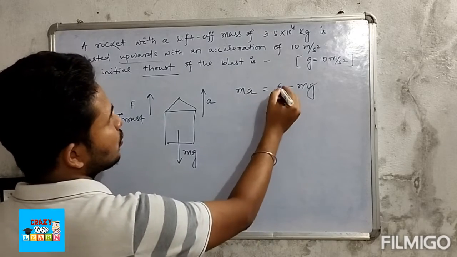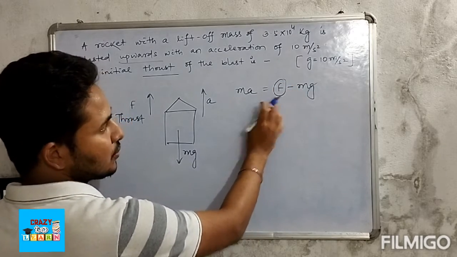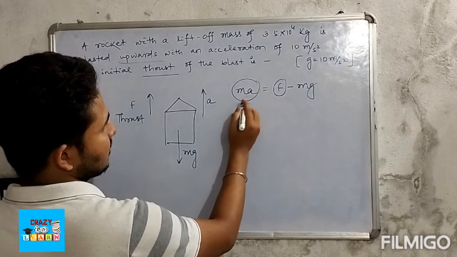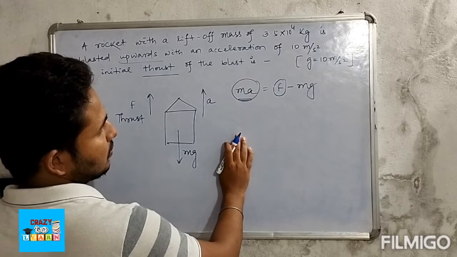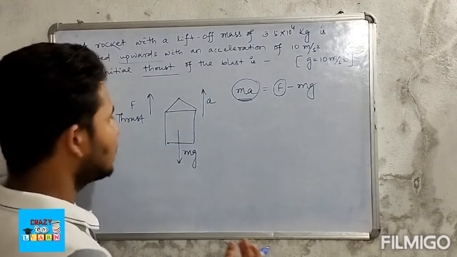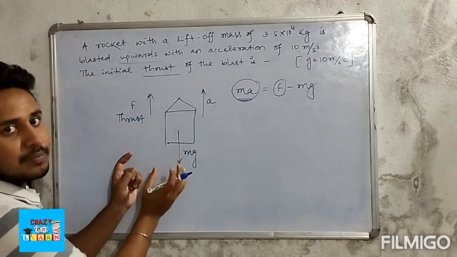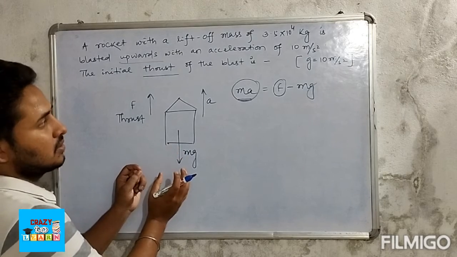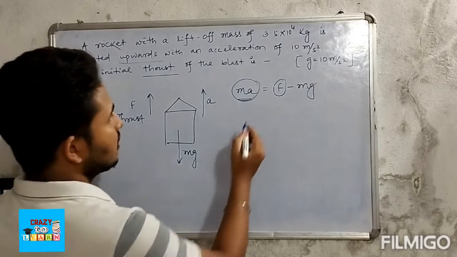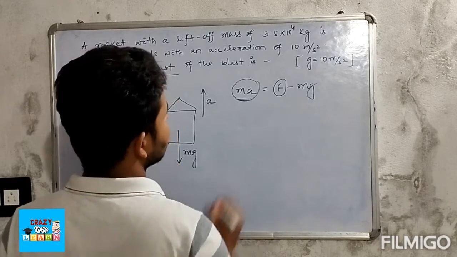You are asked to calculate the thrust, the initial thrust with which the rocket accelerates, minus the opposing force due to gravity, as the gravitational pull opposes. So ma is equal to F minus mg.